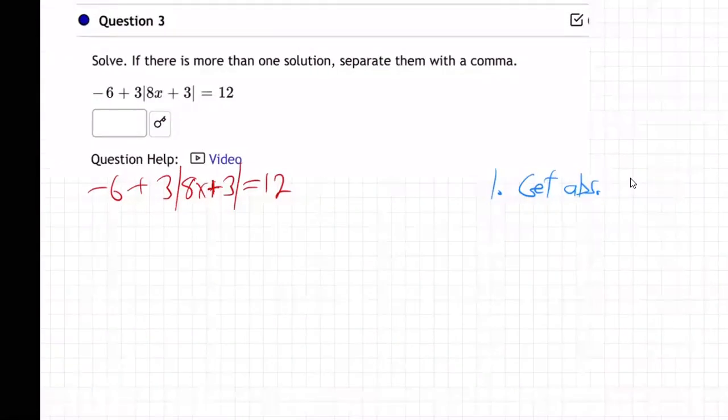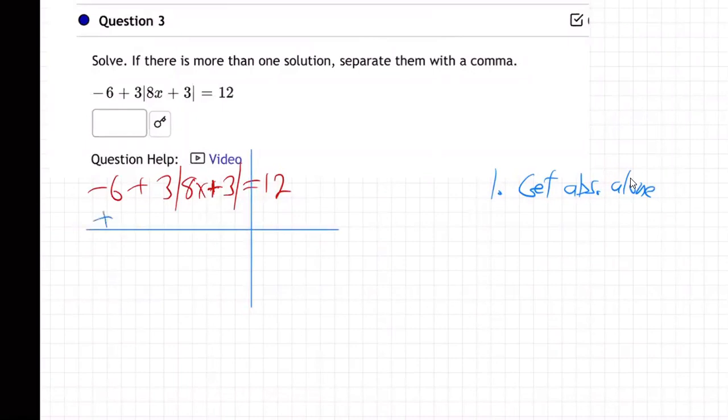So step number one, get the absolute values alone. That's what I'm going to do first. So what do I mean by alone? Well, here's the equal sign. And so the first thing I'm going to have to do is add 6 to both sides. I'm trying to get the absolute values alone. That's the first step. That's 18 over there now.